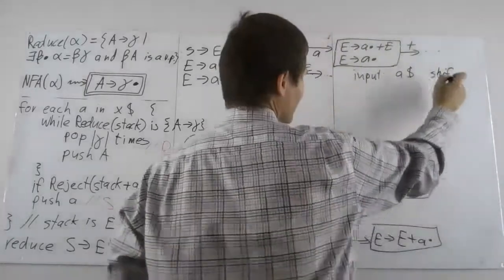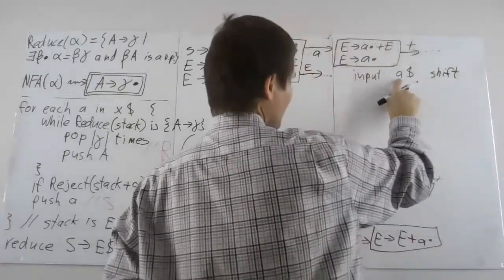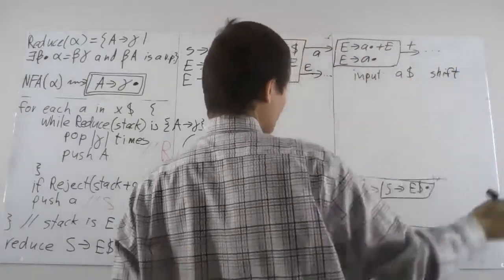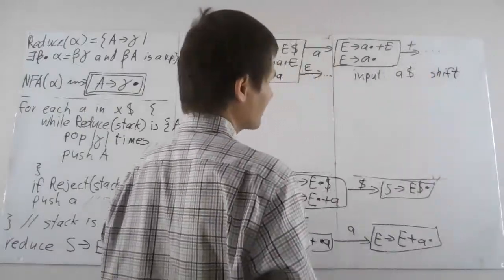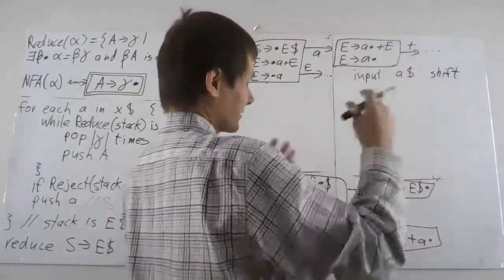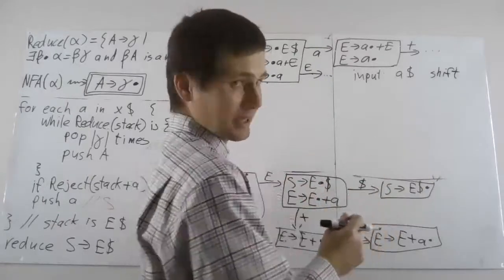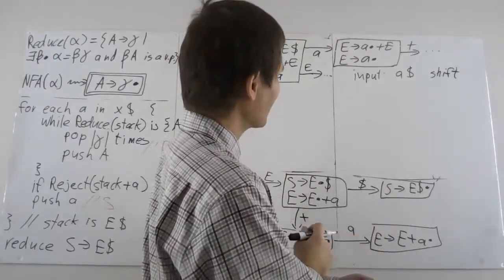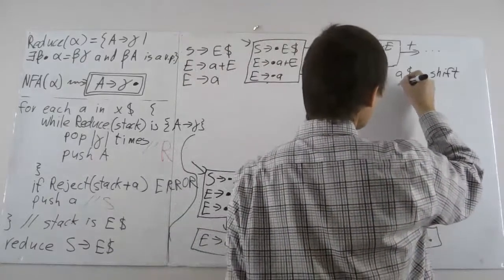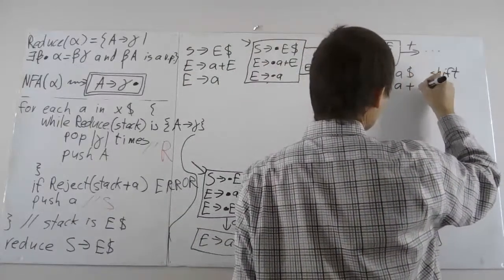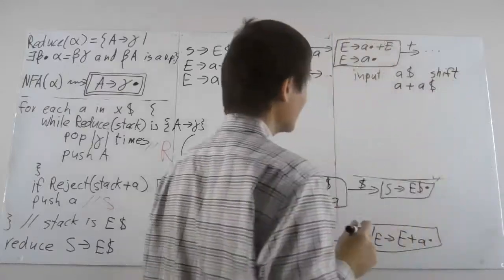Because my stack is A and the rest of the input is $. I'll shift and then I'll be done with the input. And I'll be done my parse and I'll accept the string. On the other hand, let's say the input is A plus a $.